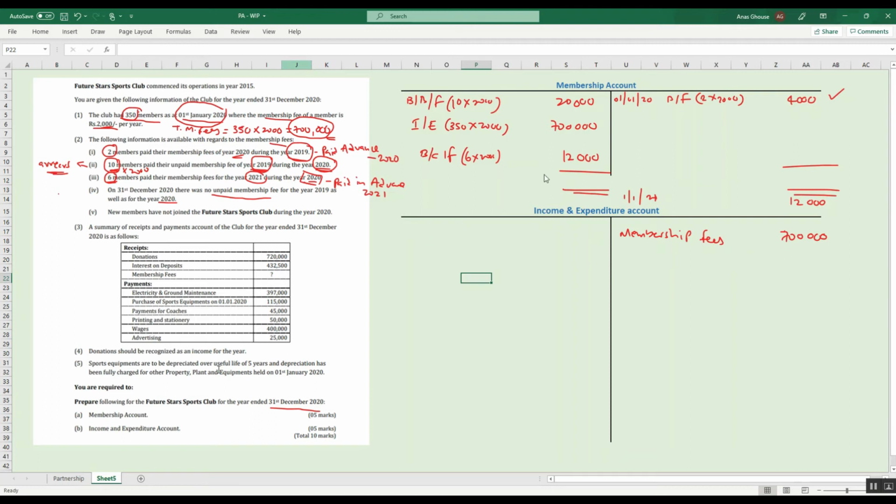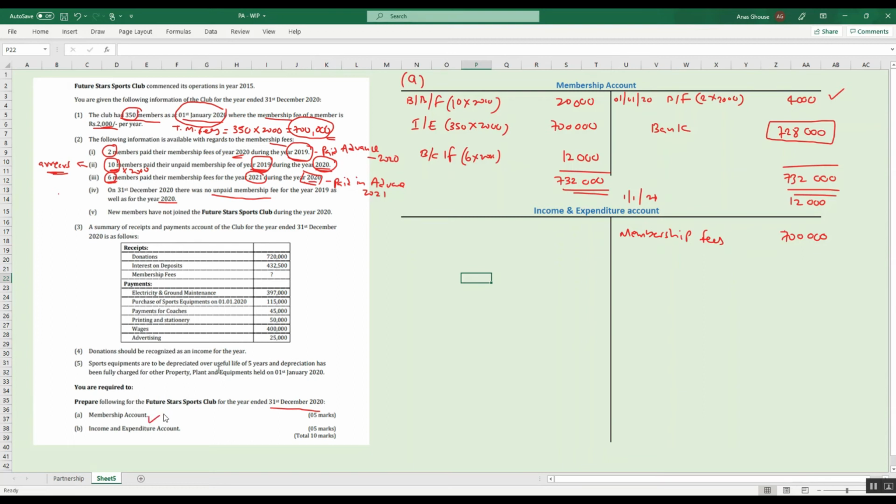Now if you balance the membership account, on the debit side you have 20,000, 700,000 and 12,000, which is 732,000, and the amount received during the period is 728,000. This is the amount received from the members. So this is the answer for part A, the membership account.